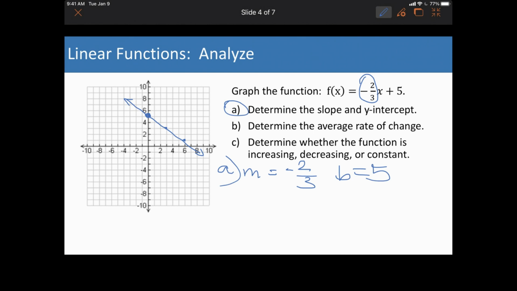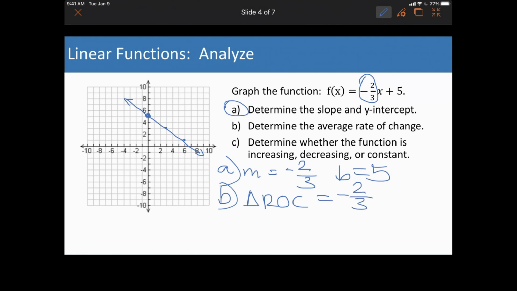All right, so we'll determine the average rate of change. Well, what's the average change of the function? Can you figure it out? What's your guess? That's right, I talked about the average rate of change is slope, especially for a linear function. So that's right, it's the same thing. Average rate of change is just negative 2/3.